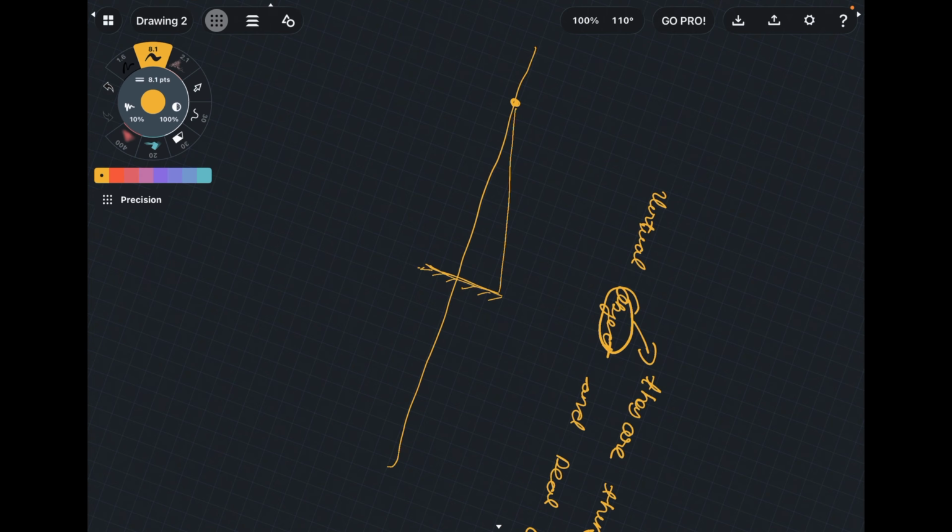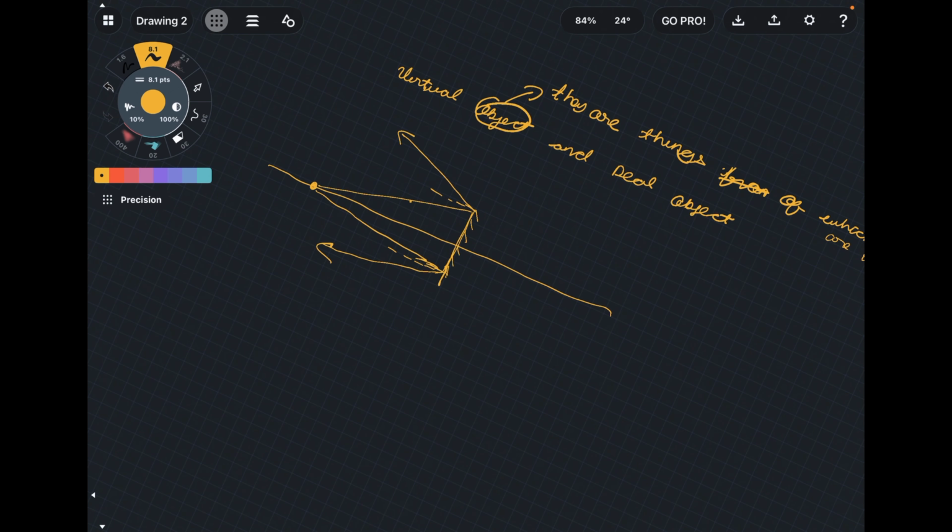Let me just draw my normal. And this is our reflected ray. So this is our incident ray, and this is our reflected ray.